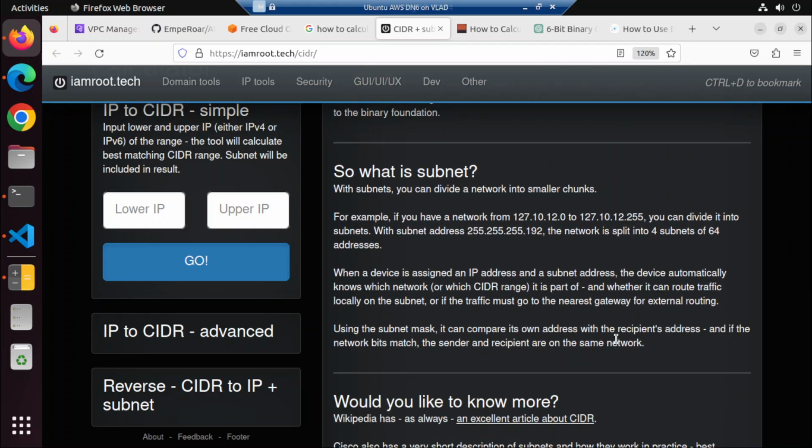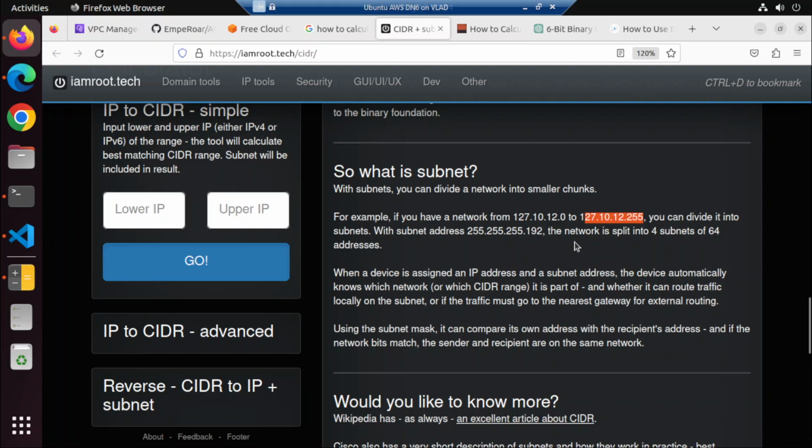With subnets, you can divide a network into smaller chunks. For example, if you have a network from this to this one, you can divide it into subnets with subnet mask 255.255.255.192.